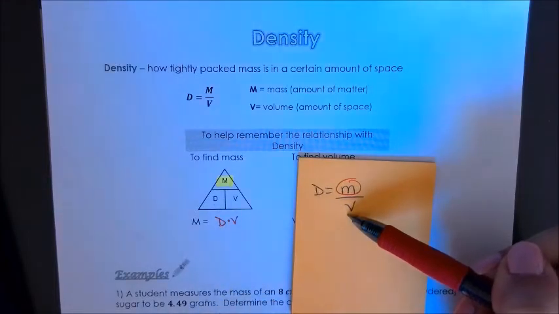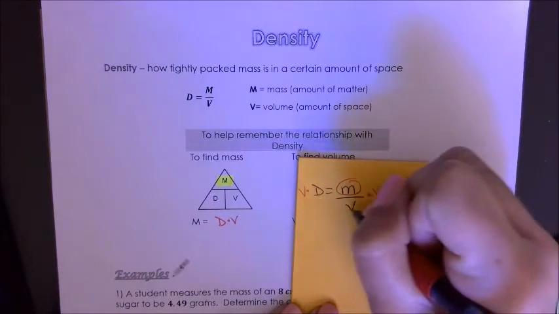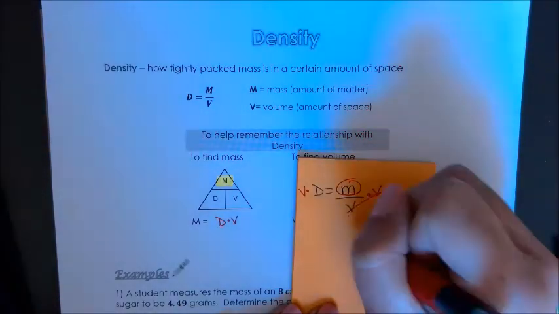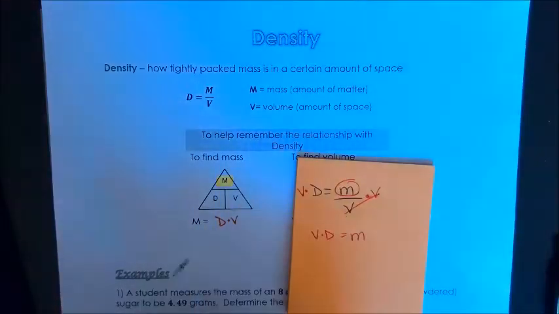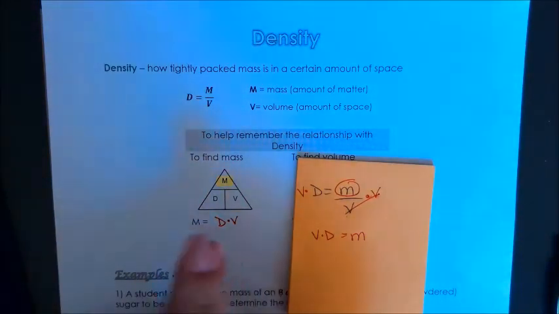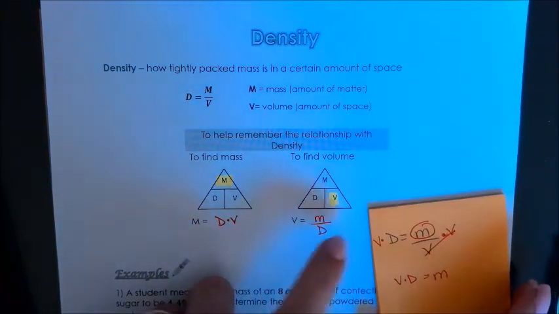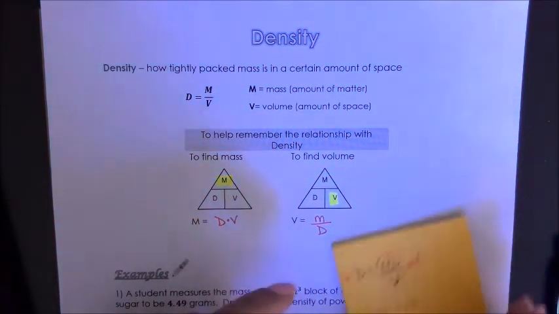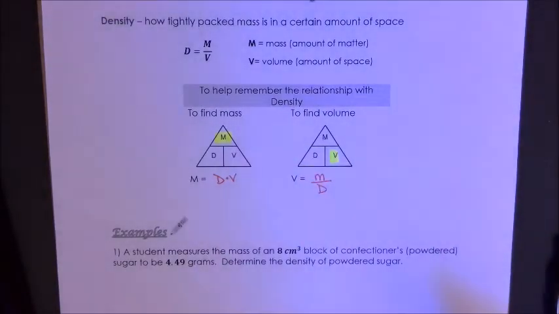So you do the opposite operation. So I'm going to multiply by volume. And then you're left with mass equals volume times density. So remember, you can multiply in any order, so it doesn't make a difference if the D goes first or V. So that's the reason behind it. And same thing with volume: if you're looking to solve for volume, you'll be getting the same numerator and denominator as here.